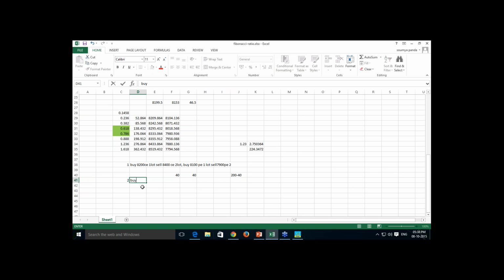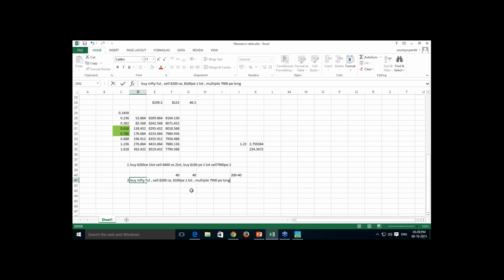Suppose uptrend breakout is given by the Nifty future. Also sell 8200 call option, one lot, 8100 put option, one lot. So that is you can sell and have some multiple 7900 put long.